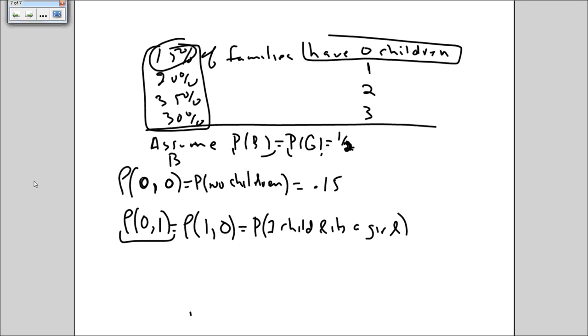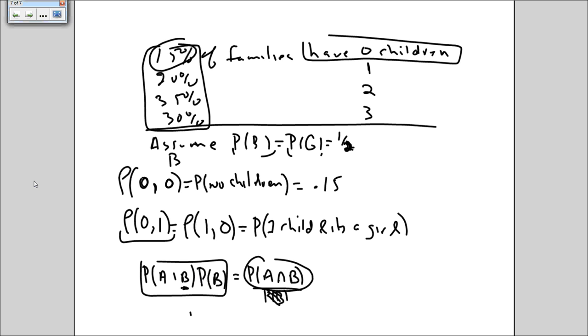Now, remember, the probability of A given B is equal to the probability of A and B divided by the probability of the second one, which is B. Cross multiplying, this comes up here. That is, whenever you have the probability of A and B, you can write it down as a conditional probability.